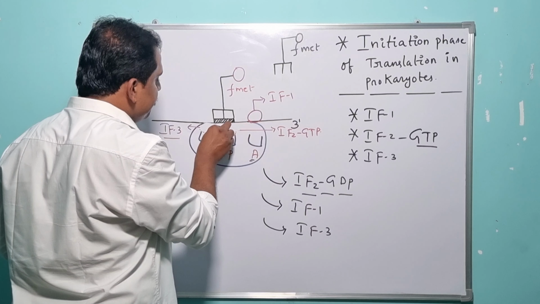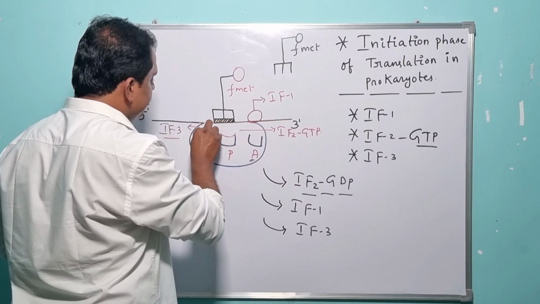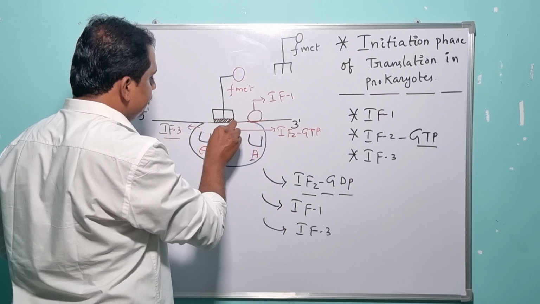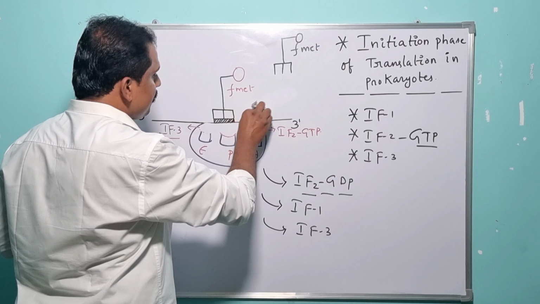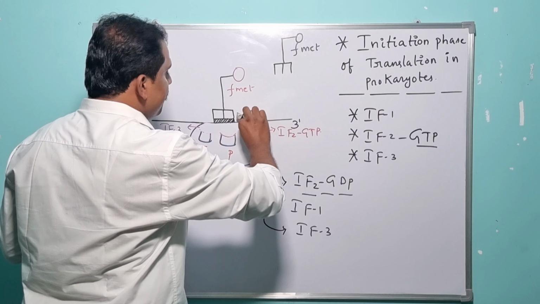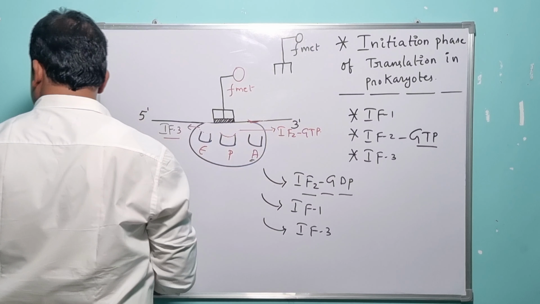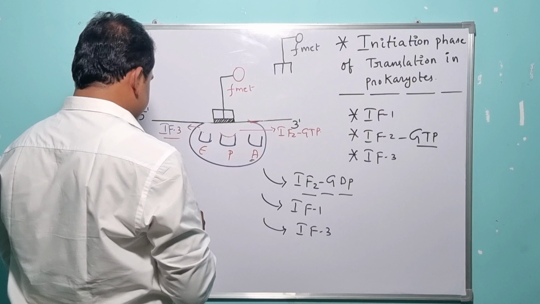So these are the three specialized initiation factors, right? Once initiation factor 3 has been dissociated from the E site of the ribosome, now the large subunit of the prokaryotic ribosome, which is nothing but 50S, comes into the picture.